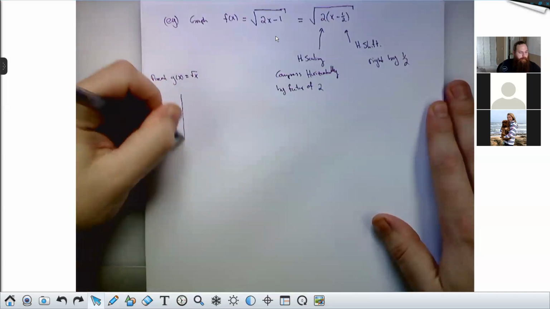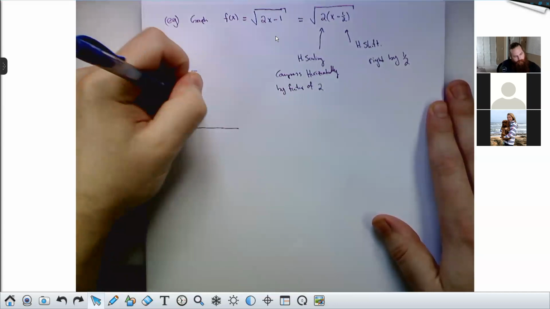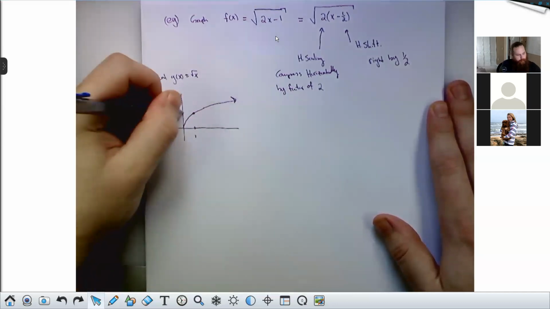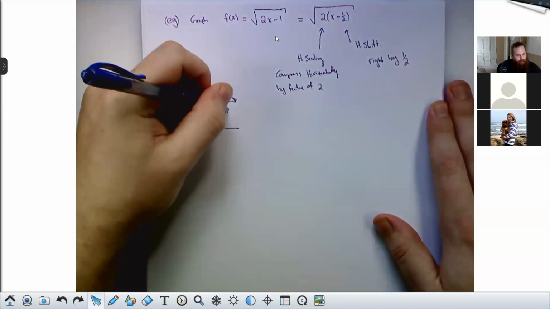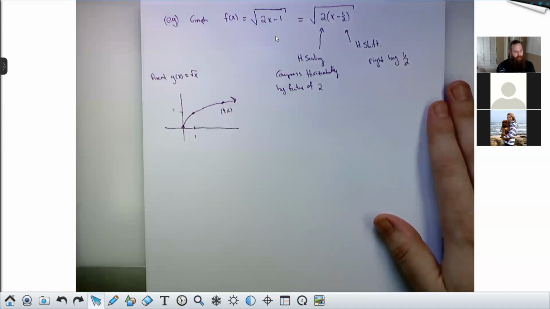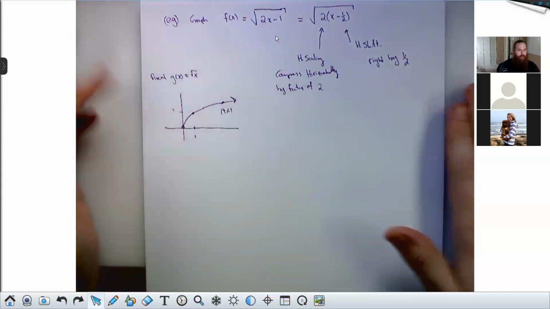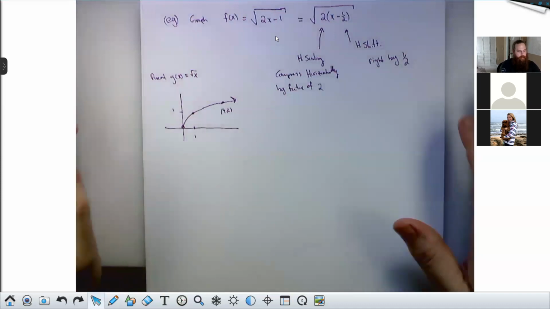So the graph of the parent, we know looks like this, going through 1, 1, 0, 0, and 4, 2. If I compress horizontally by a factor of 2, that means I'm bringing everything in like this by a factor of 2.